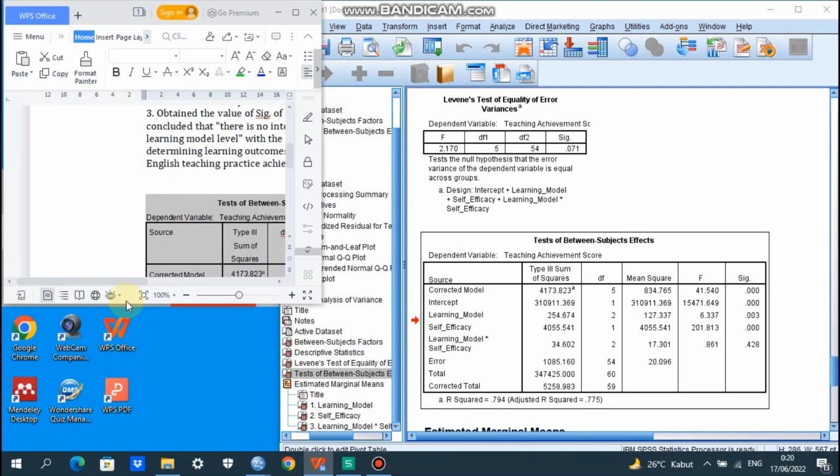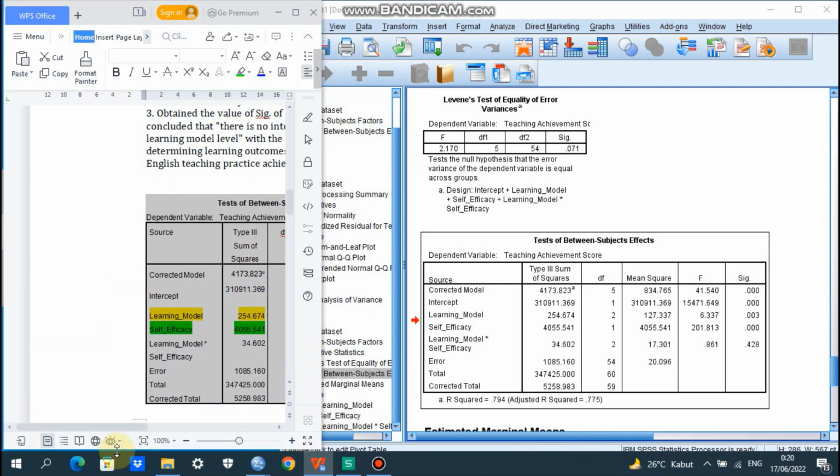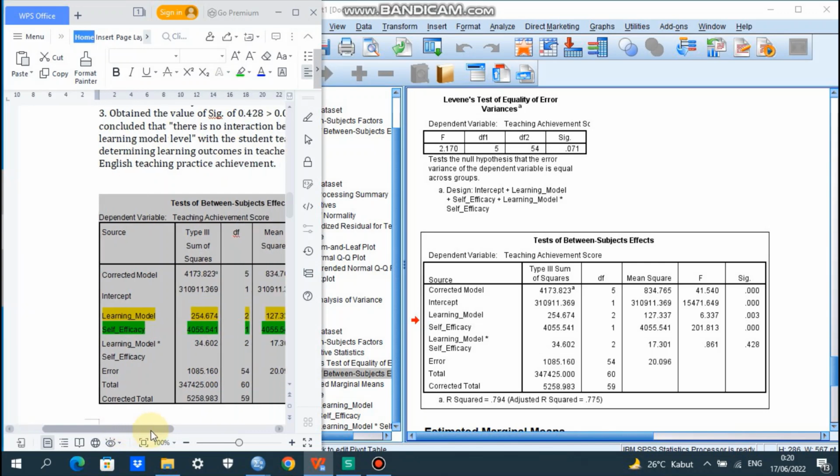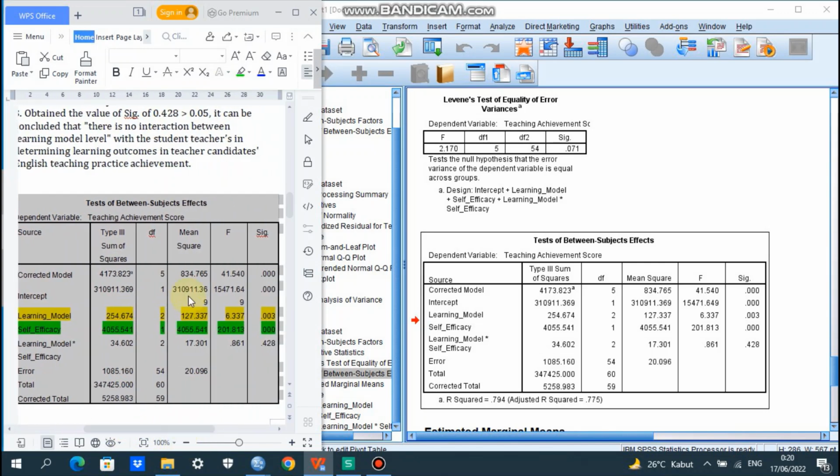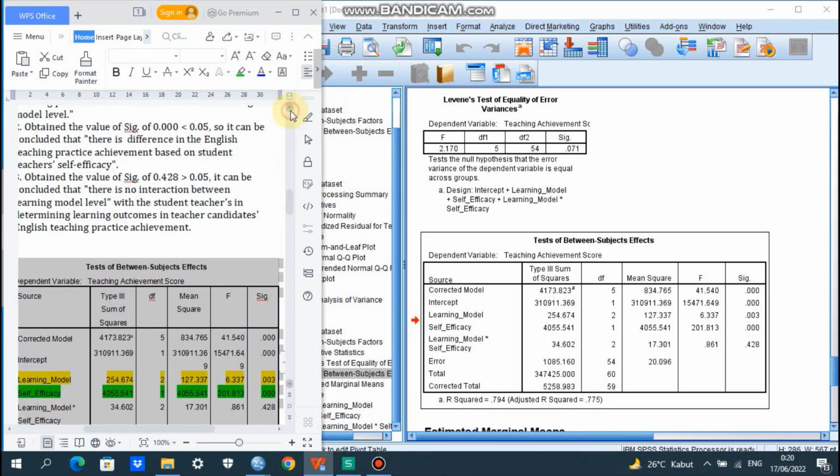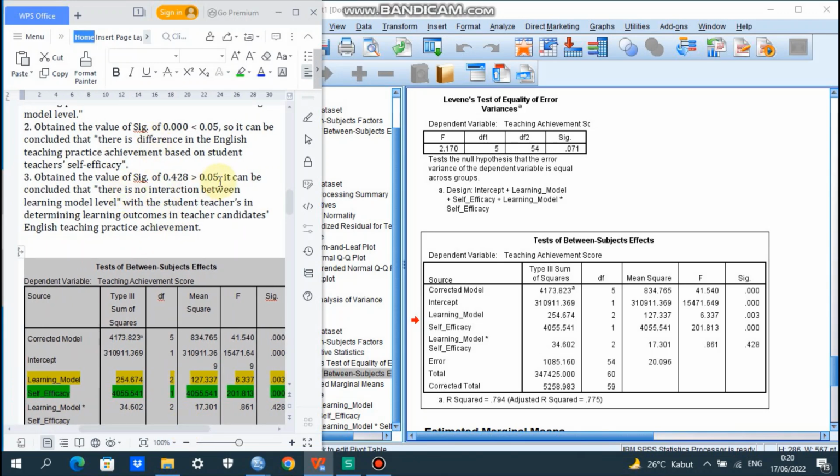There is significant value. There is difference in the English teaching achievement based on student teacher self-efficacy, yeah.